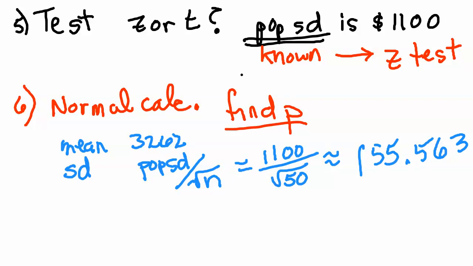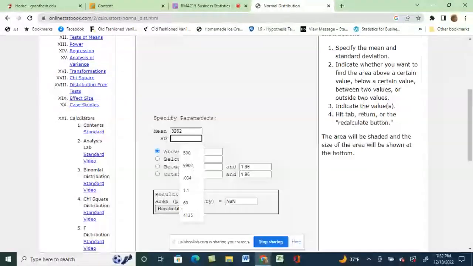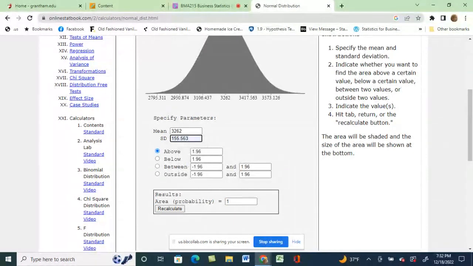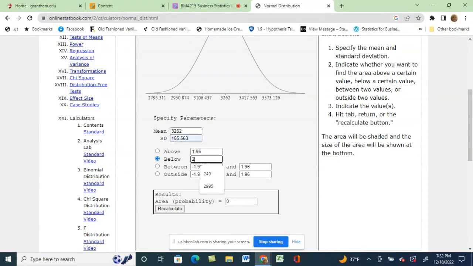So again, I'm going to share the calculator and put in 155.563. And then since it's left-tailed, I want it below our sample mean that we found in the sample study. So that was 2995.